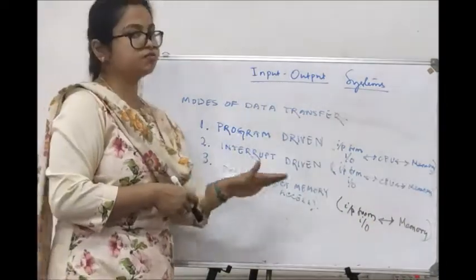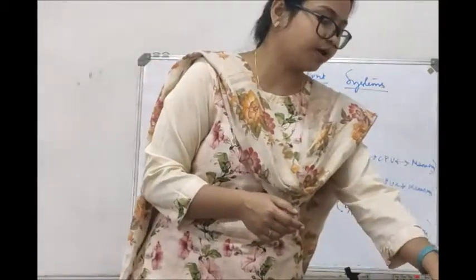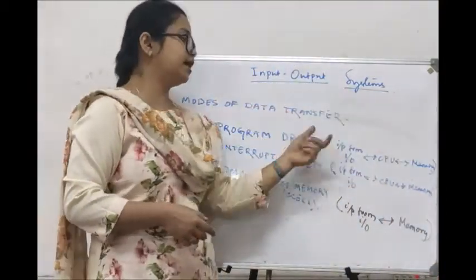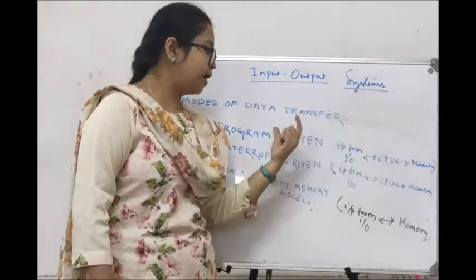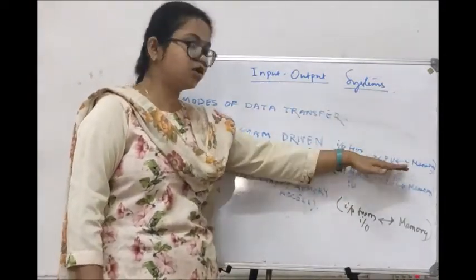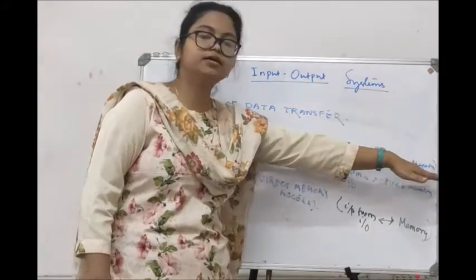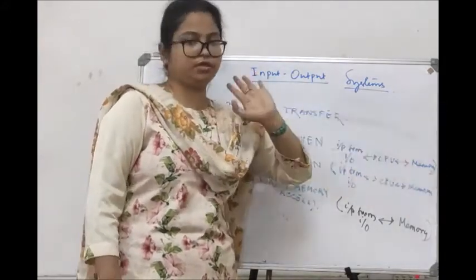We will study each of these in greater detail, don't worry. But first understand that in program driven, we take input from I/O, then there is a role of the CPU, after which the data reaches the memory.